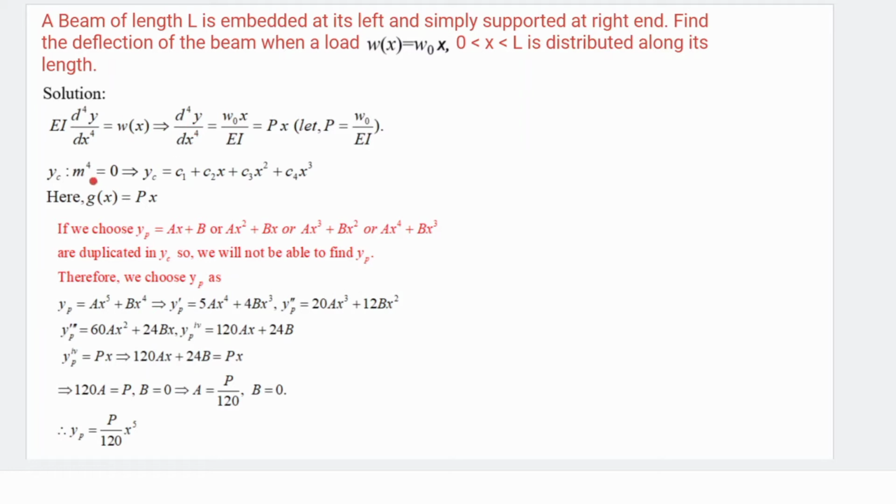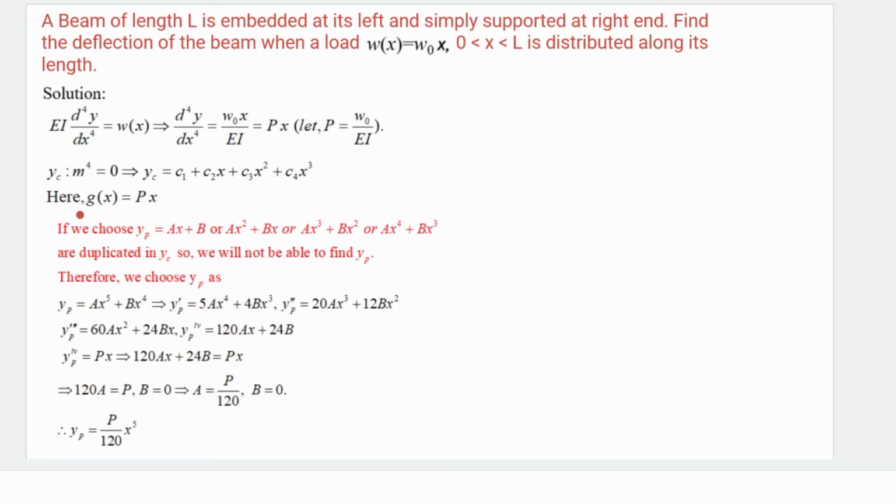That means we get m to the power 4 equals 0 as the auxiliary equation. That means we get m equal to 0, 0, 0, 0, four times 0. That means the roots are real and equal. In that case we can write the complementary solution as C1 plus C2 x plus C3 x squared plus C4 x cubed. So this is our yc, that means complementary solution.